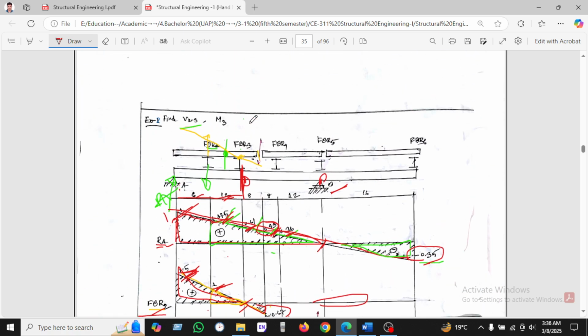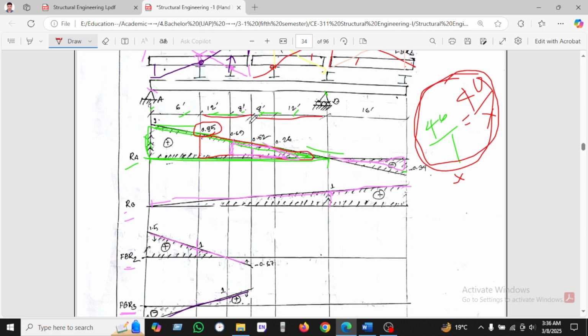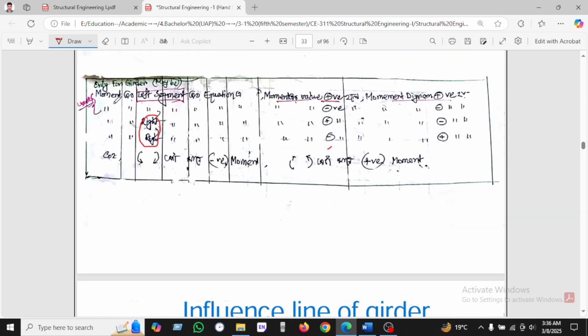Before starting, we need to note that if the moment is taken in the left section, the moment value will be positive and the moment diagram will also be positive. So there is no problem for the left section.